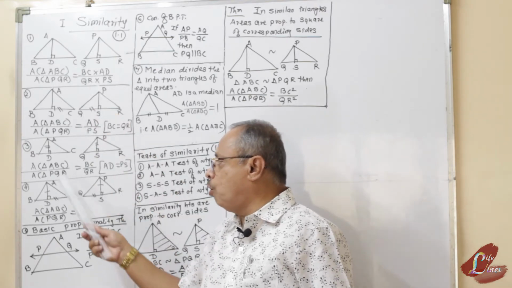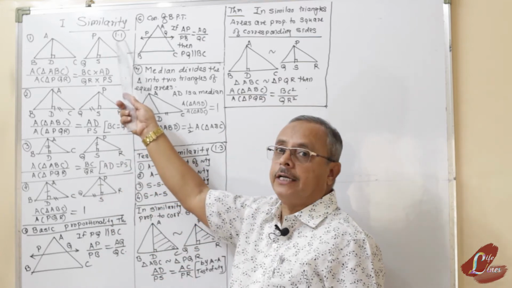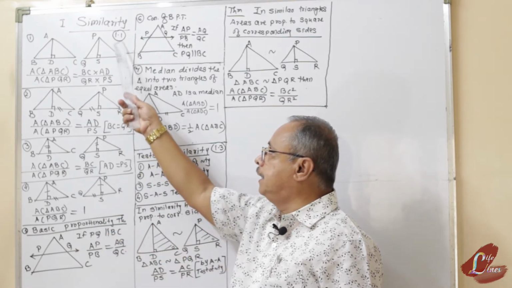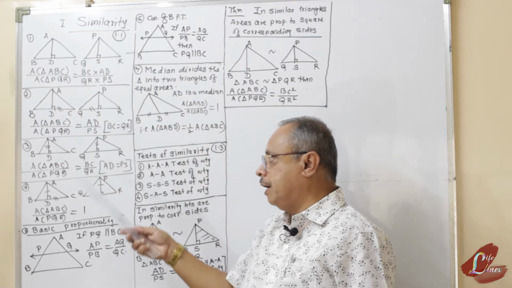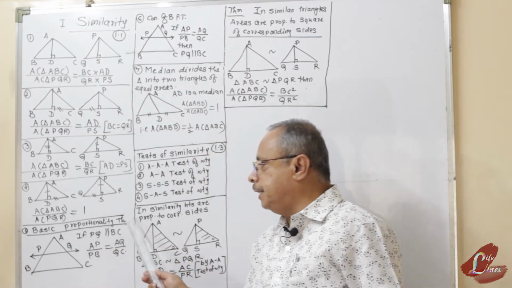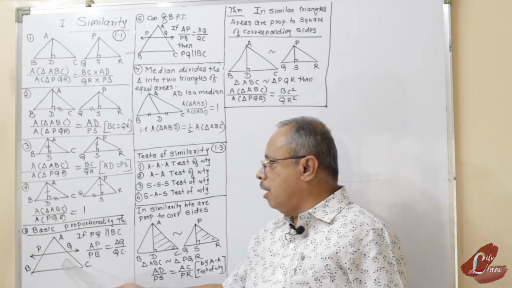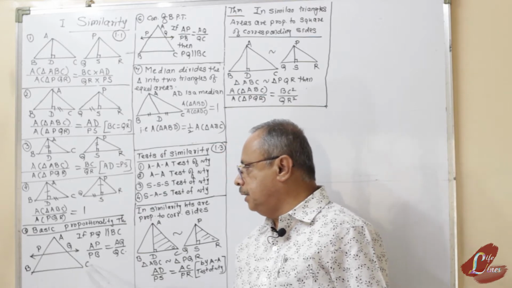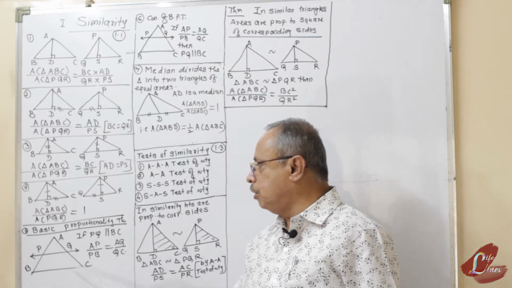All these four formulae which are based on 1.1, all the examples which are based on these properties are given in exercise 1.1, practice 1.1. Basic proportionality theorem. This is a very important theorem we come across in similarity. If PQ is parallel to BC, then AP upon PB is equal to AQ upon QC.